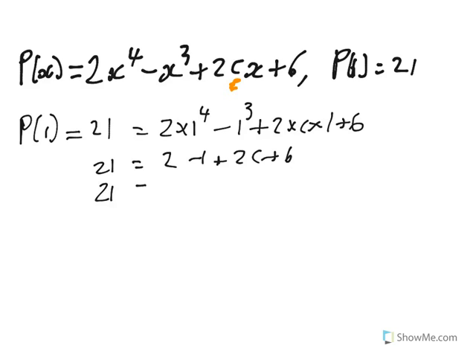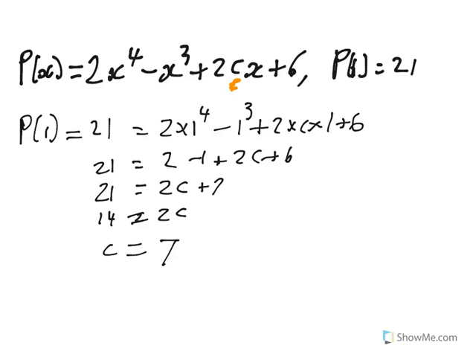So 21 then will be 2c plus 7. Take 7, divide by 2, and you get c equals 7.